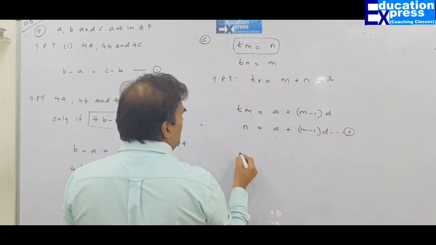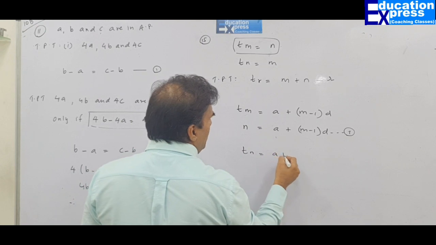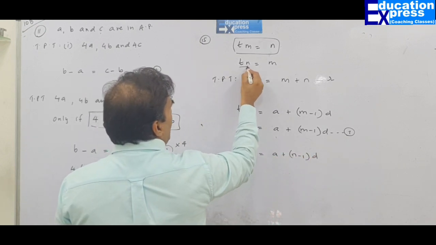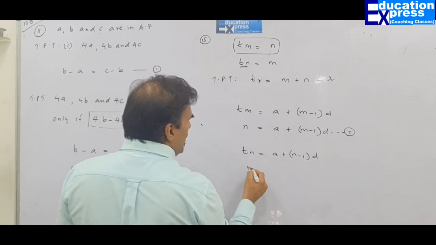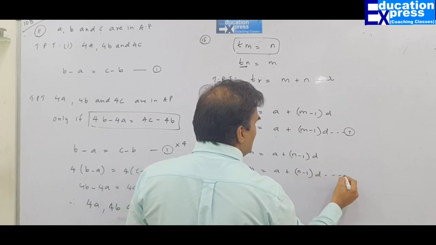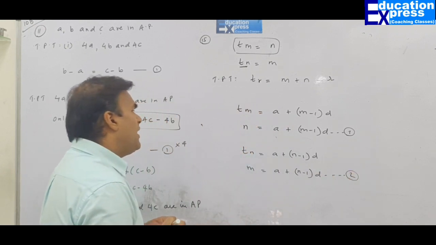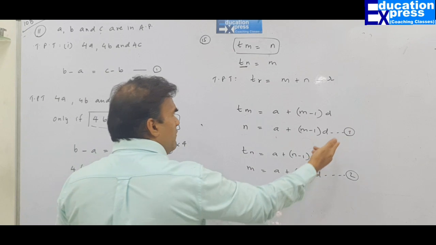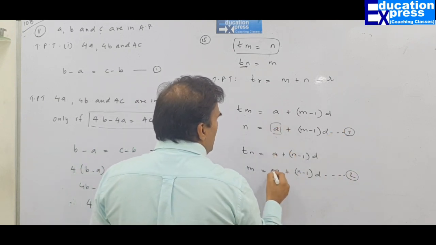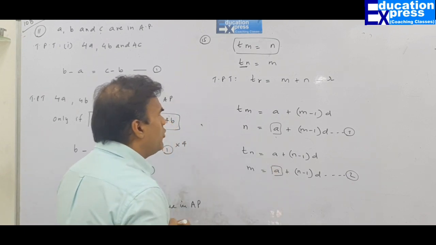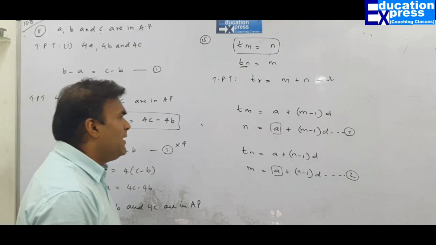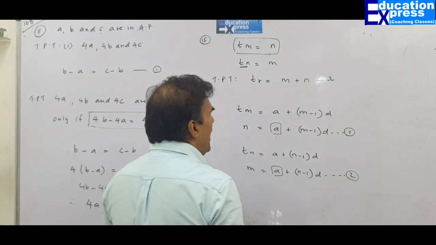What about this one? Tn equals A plus n minus 1 into d. That's the normal formula. But the value of Tn is m. So m equals A plus n minus 1 into d. That is the second equation. Now tell me what is common between 1 and 2. Sir, the best part is A is common. You can see there is A in both of them. So let us make A the subject.